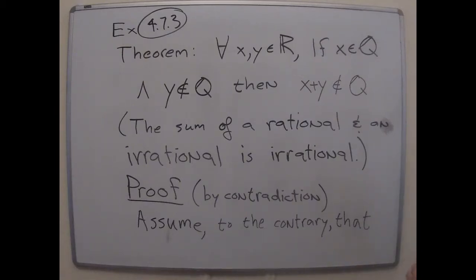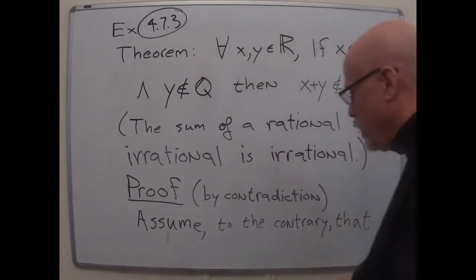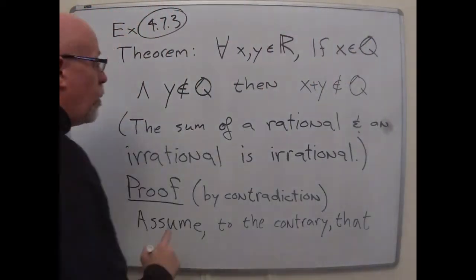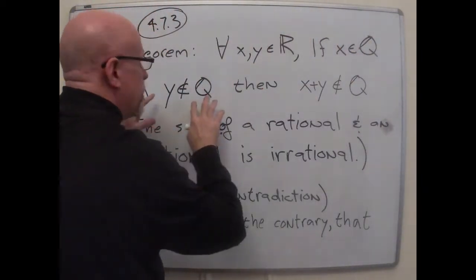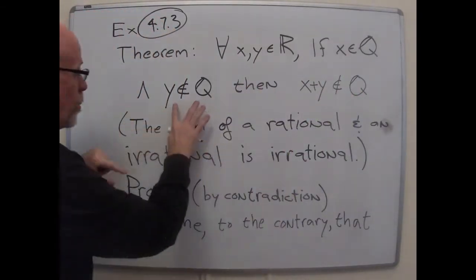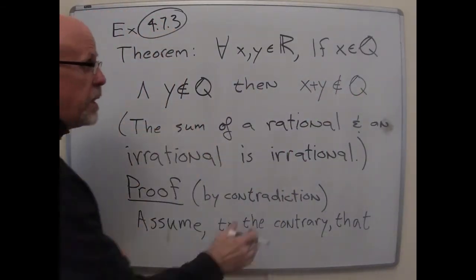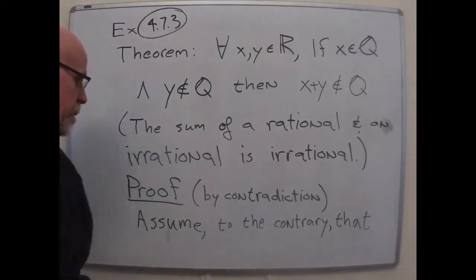So how do you form the negation of an if-then? If p implies q, then you say p is true and q isn't. So the assumption should be that the whole if part, which is this thing about x in q and y not in q, and then the negation of this part.